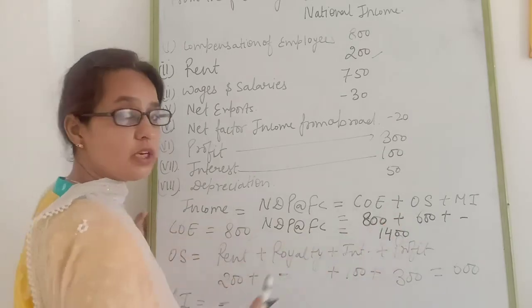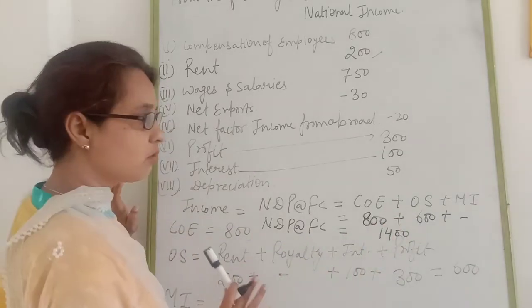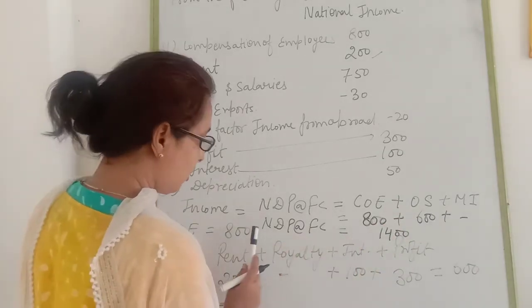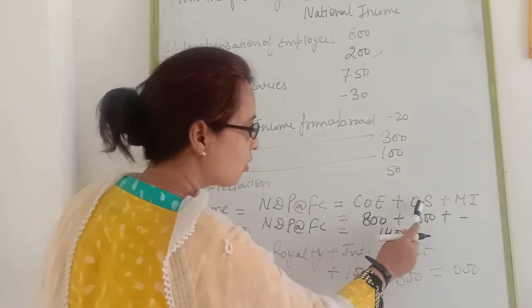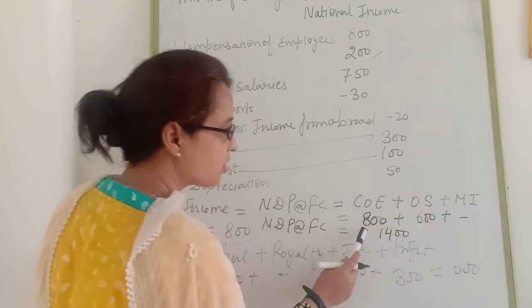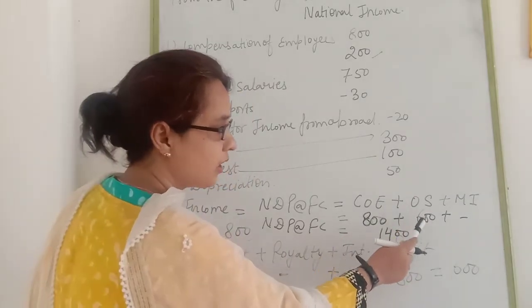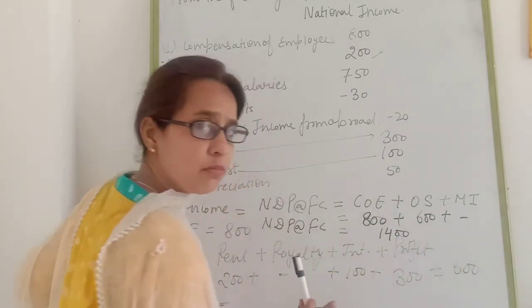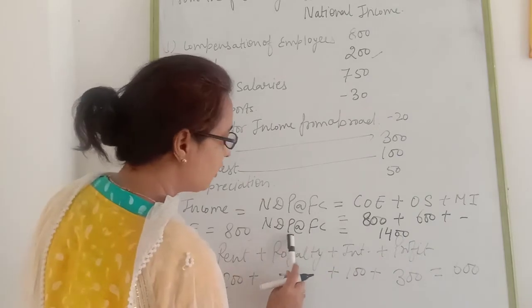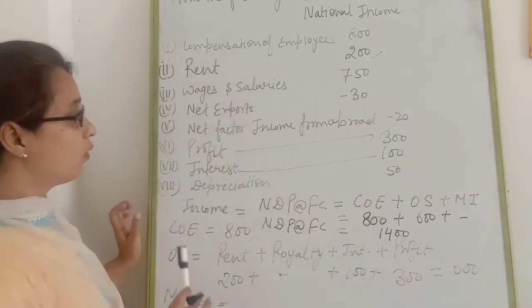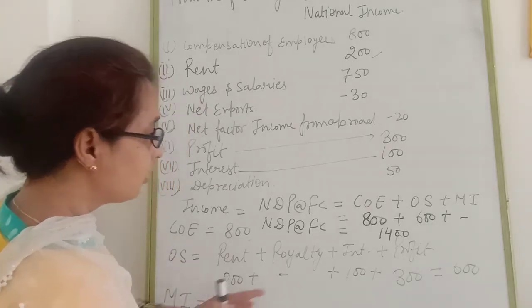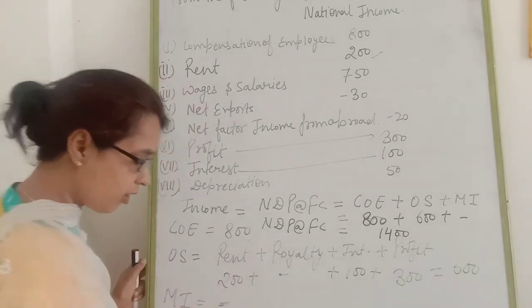Mixed income is not given in the question, so leave it. Now apply the formula: NDP at FC equals COE plus operating surplus plus mixed income. COE 800, operating surplus 600, plus mixed income, leave it. NDP at FC equals 1400. Clear? That is how to calculate NDP at FC.